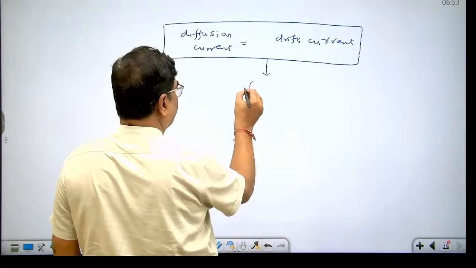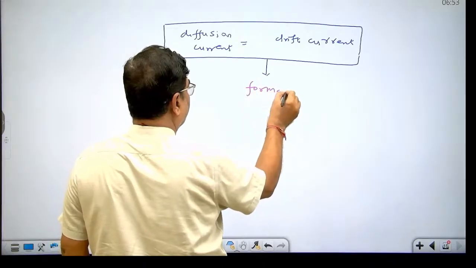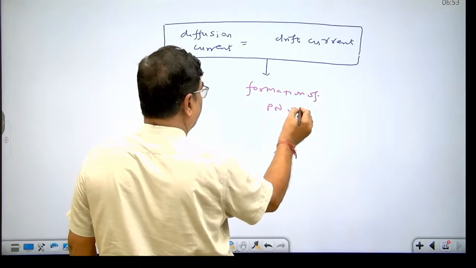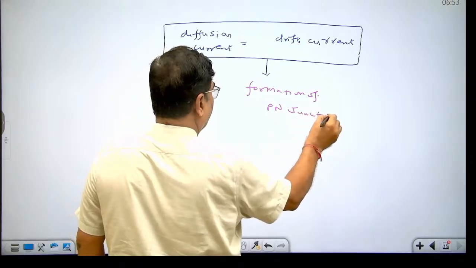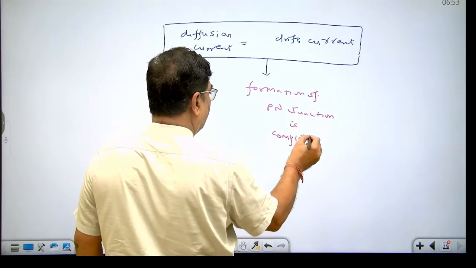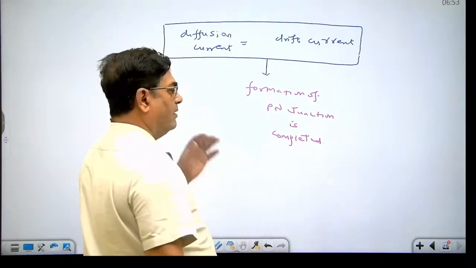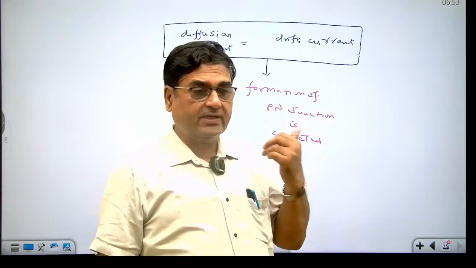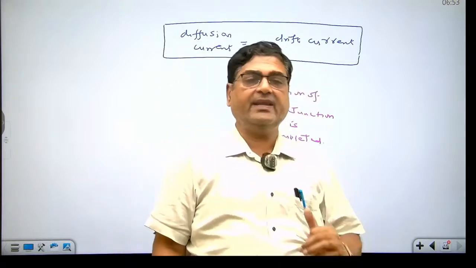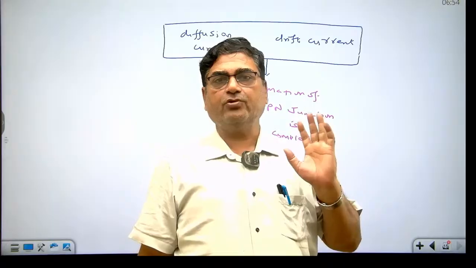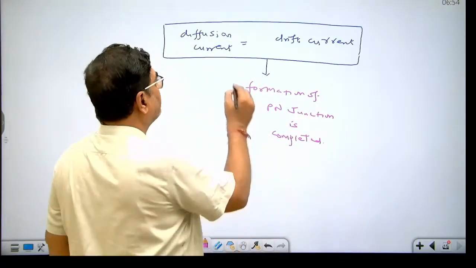Formation of PN junction is completed. But diffusion of charge carriers does not stop, okay? It may continue, but net current through PN junction becomes zero.